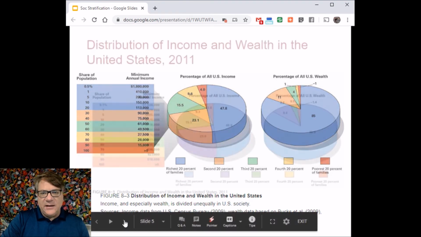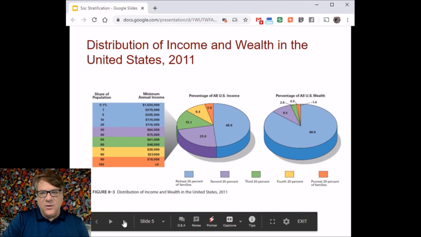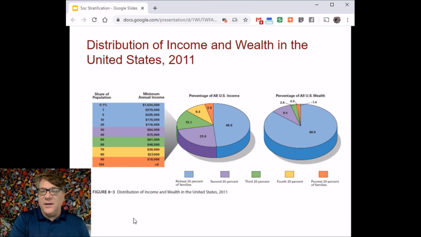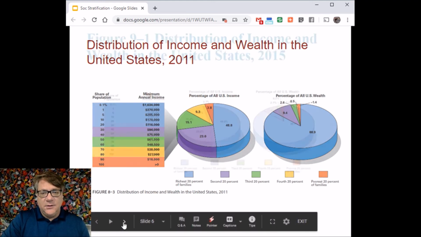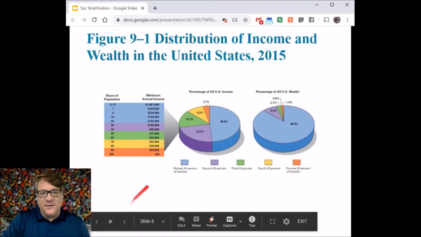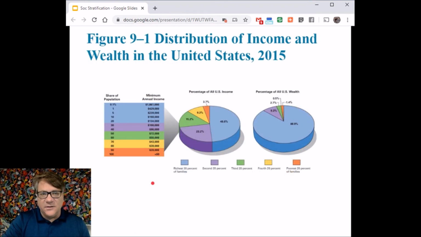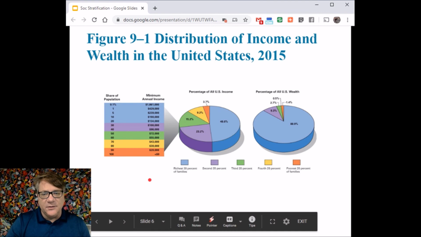What I'm trying to illustrate to you is that you have to look at data over time, and also that this inequality of income and wealth is not new. This has been around for quite some time. Here's the most recent data that's in your textbook. It's kind of hard to see on this chart, and I apologize for that, but look in your textbook.